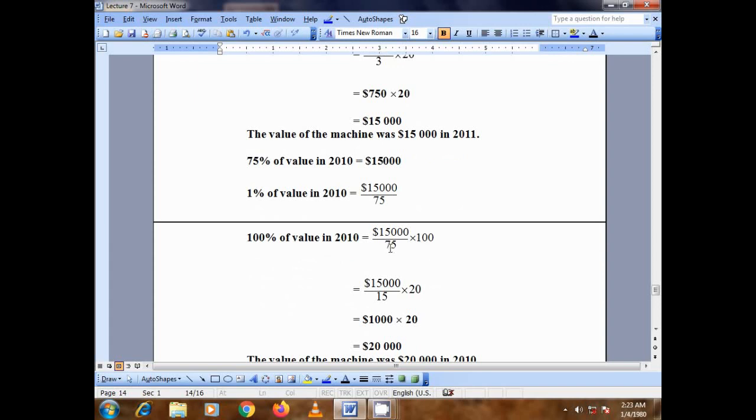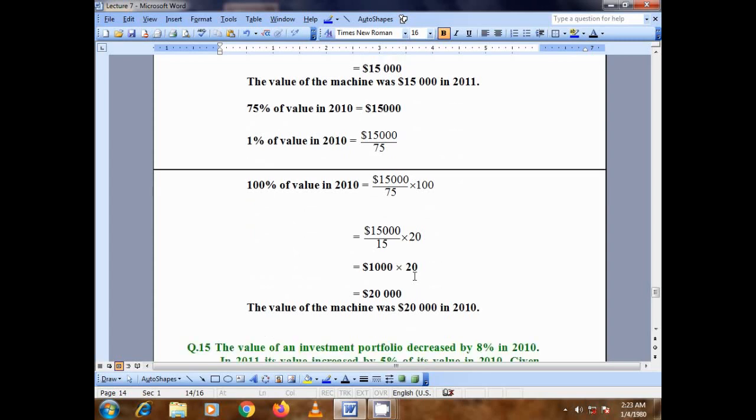Again, we can divide 100 by 5, so the quotient will be 20. And if we divide 75 by the same number 5, you will have the quotient 15. Now the remaining quantities are 15,000 divided by 15 multiplied by 20.